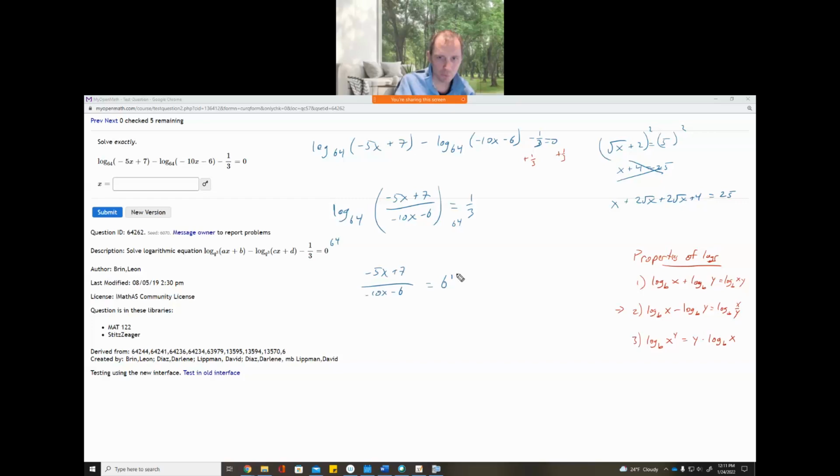On the right, I have 64 to the power of 1/3. Okay, messy. See if I can get rid of that messiness somehow. Remember with exponentials that if I have a fractional exponent, the numerator is like the power and the denominator is like the root. So this is like the cube root of 64.